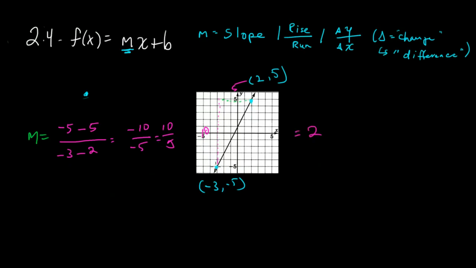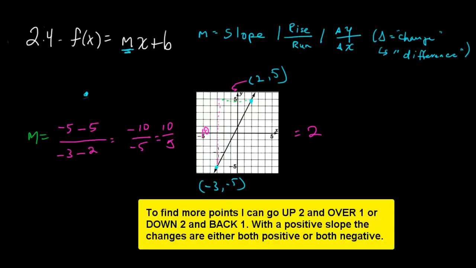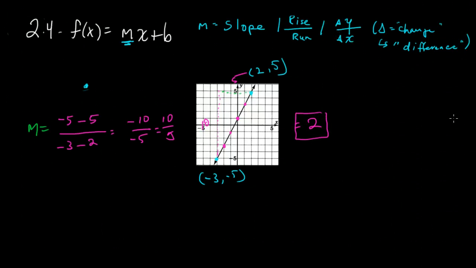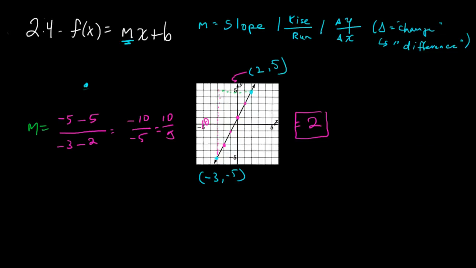So I just as easily could have from here gone up 1, 2, and over 1. And in fact, you can see that my next point is there, up 2 and over 1. And if I kept going in that ratio, up 2 and over 1, eventually I would go 10 over 5. So slope, you make sure you want to simplify your fractions when you have a fractional slope.